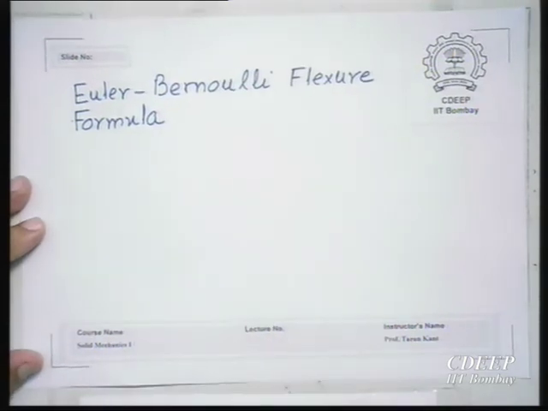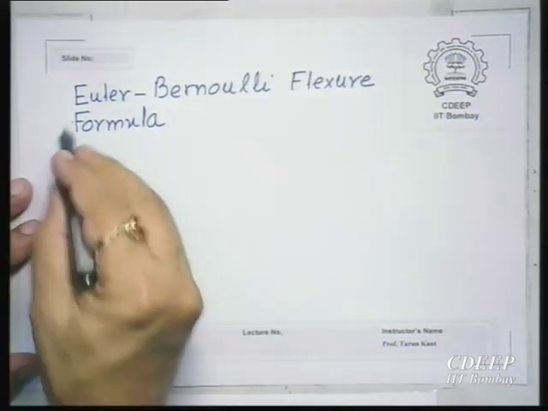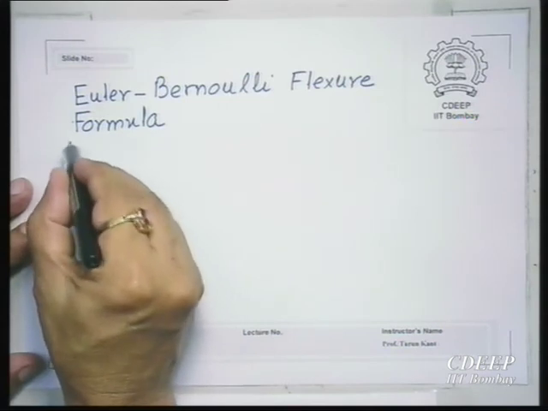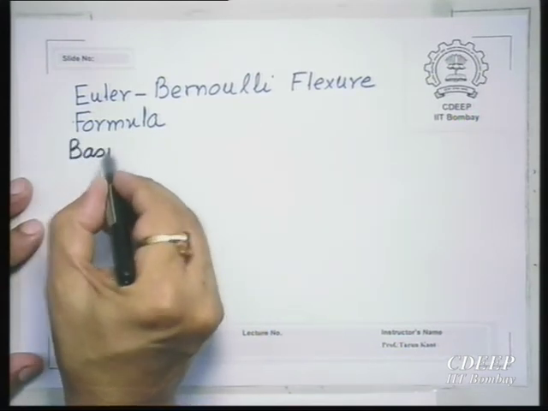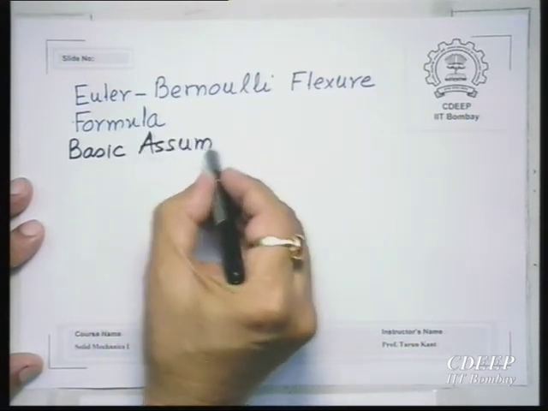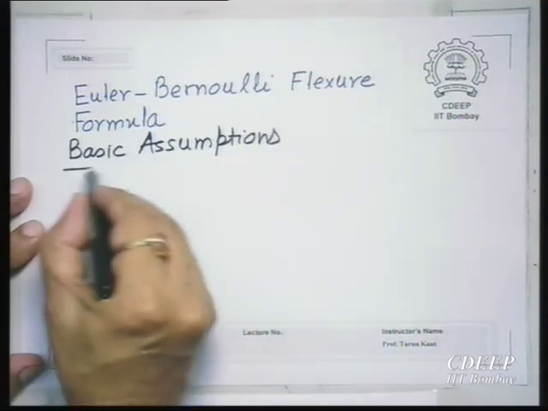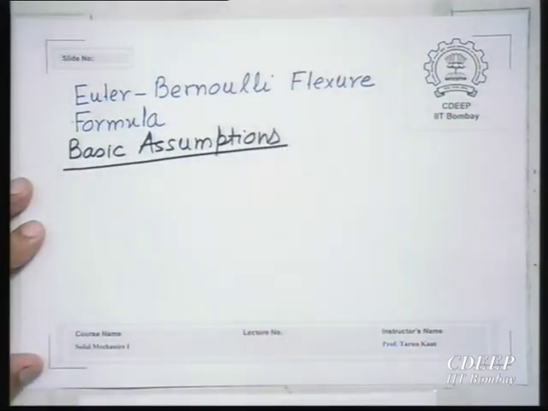So let us now write down the basic assumptions on which the Euler-Bernoulli formula has been derived, so that you remember it forever. These basic assumptions are very important. One by one.